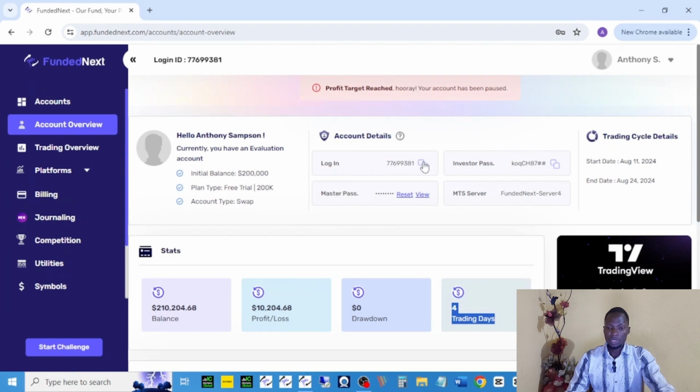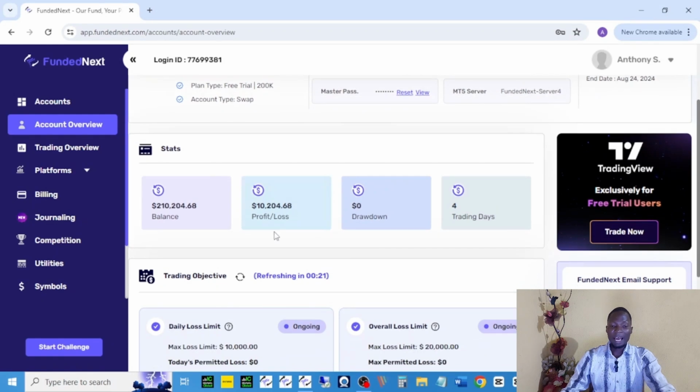So this is the login and this is the investor password as well. And as you can see here, Funded Nest has stated clearly that the profit target is reached. Your account has been paused. Assuming Funded Nest doesn't pause my account, I will keep on trading until I make $16,000.